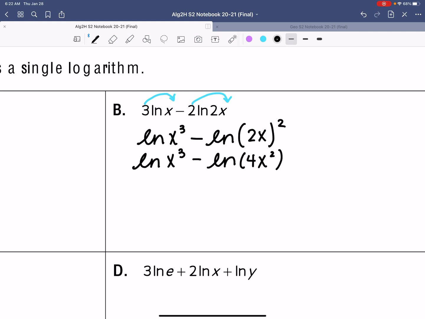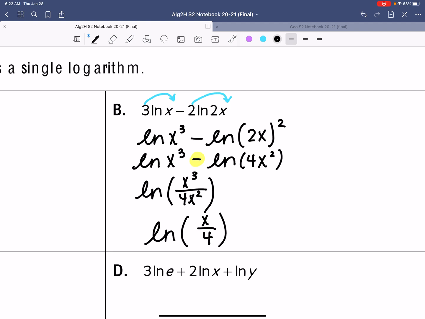All right, so that's all simplified. We have subtraction. Subtraction is really division, so we're going to go ahead and divide these. So natural log of x cubed divided by 4x squared. And then this can be simplified. I have 3 x's in the numerator, 2 x's in the denominator, so 2 of them are going to cancel out. So that's going to leave me with natural log of 1 x left in the numerator and a 4 left in the denominator.